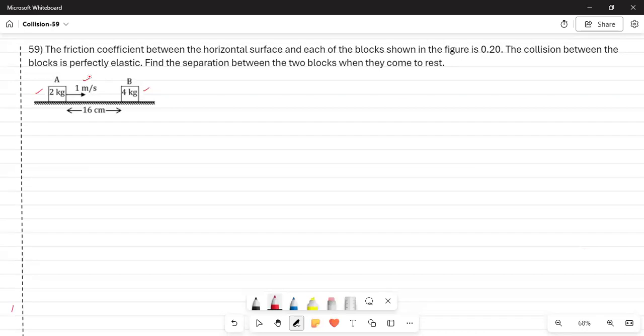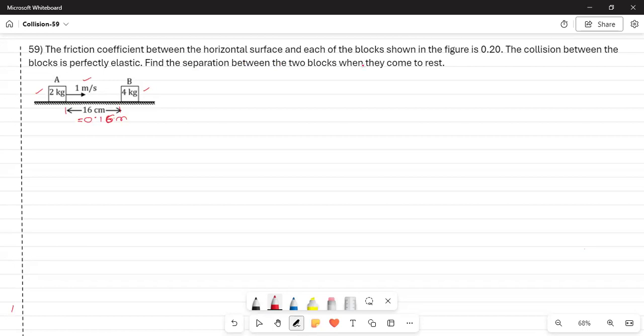Before collision, they have a separation of 16 centimeter, which is equal to 0.16 meter. That means body A will have to move 0.16 meter before collision.